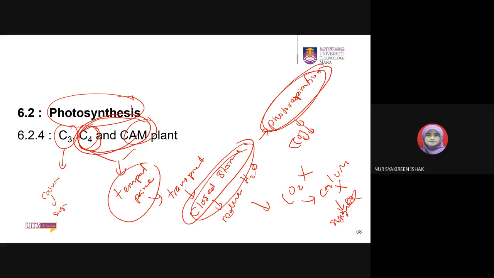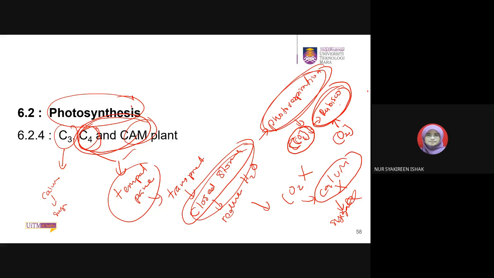Okay, bila photorespiration ni berlaku, bila carbon dioxide concentration low, dan enzim dalam Calvin cycle ni, apa tadi enzim? Rubisco kan? Rubisco ni, dia punya kekurangan ataupun lacking dia adalah dia tak boleh bind kepada low concentration of carbon dioxide. Rubisco ni dia adalah enzim yang lagi prefer kepada oxygen.